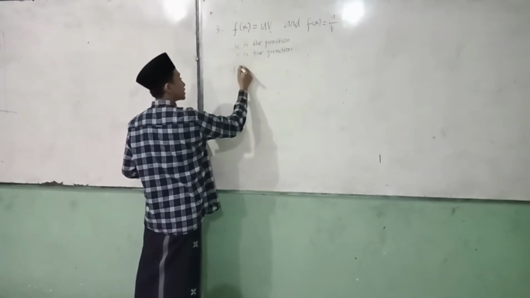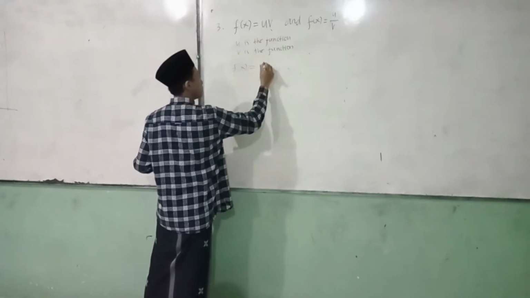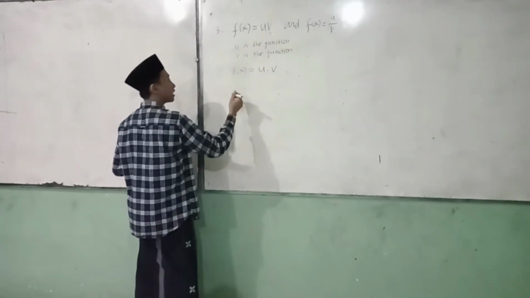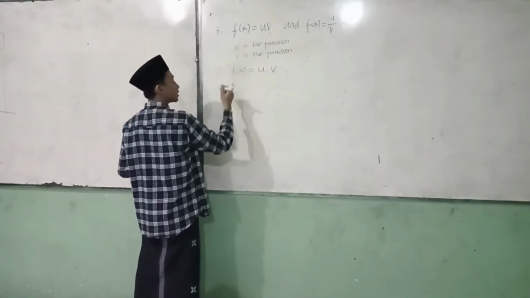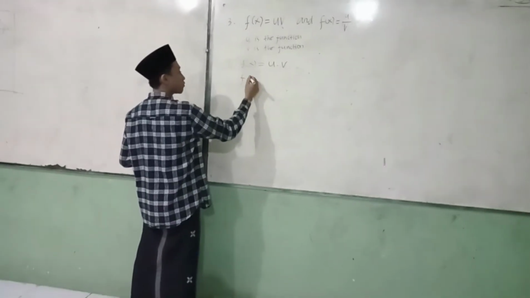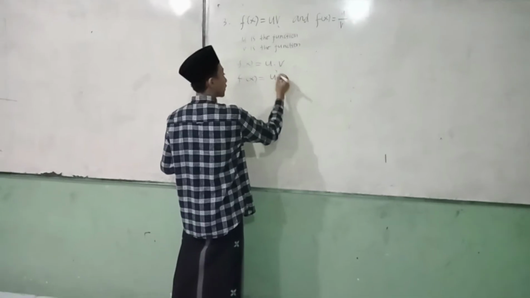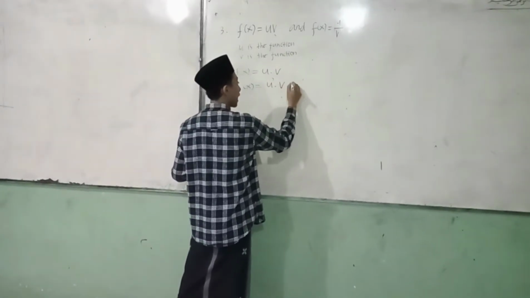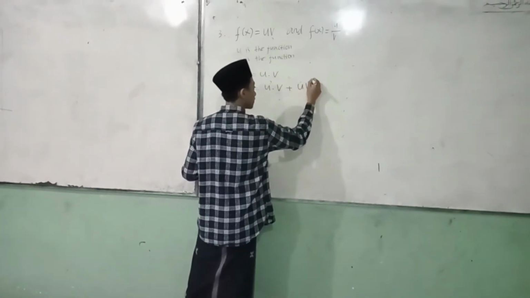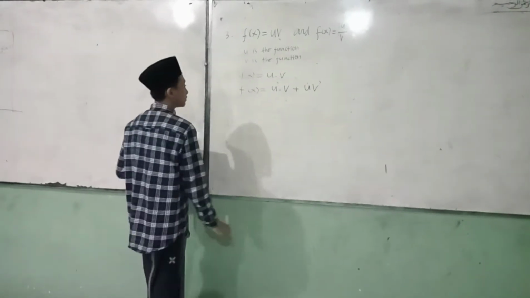If the function is equal to u times v, then we can find the derivative function f prime of x is equal to u prime times v plus u times v prime.